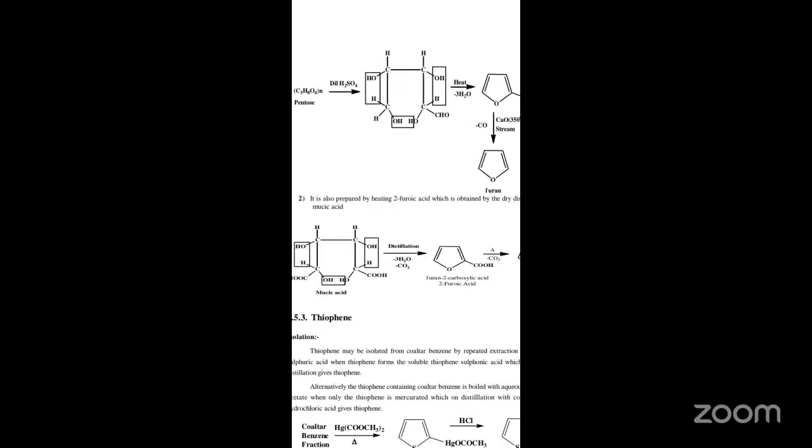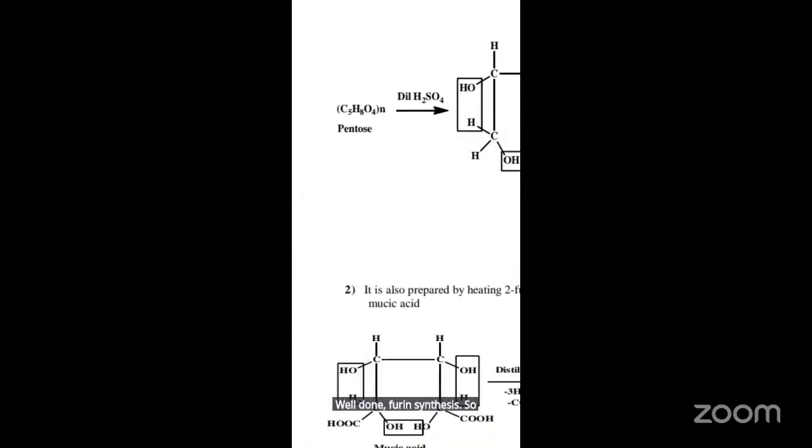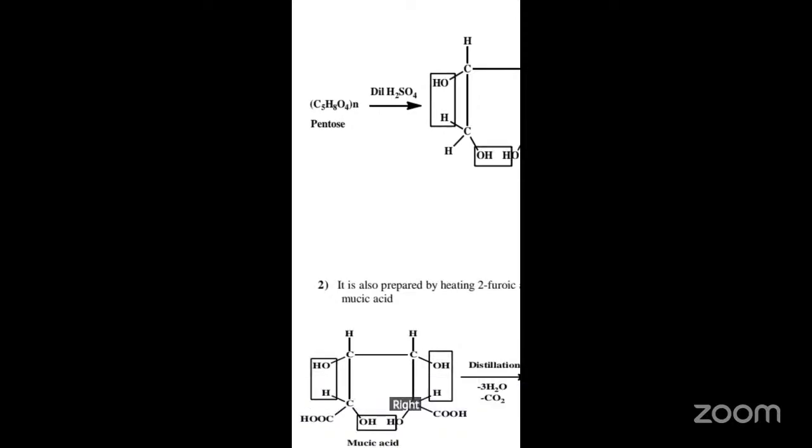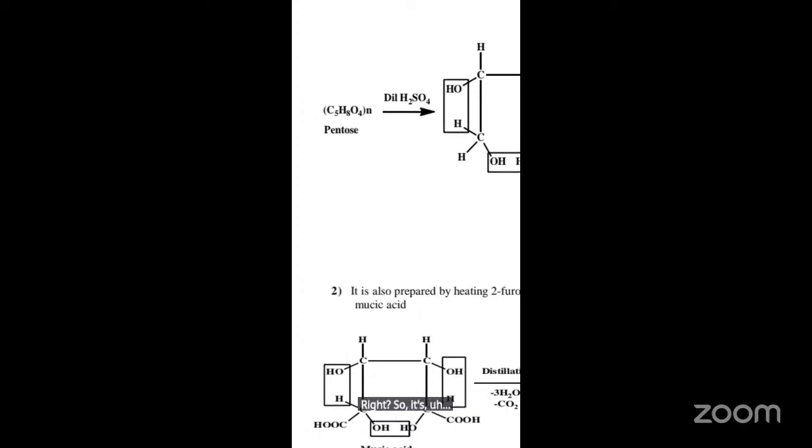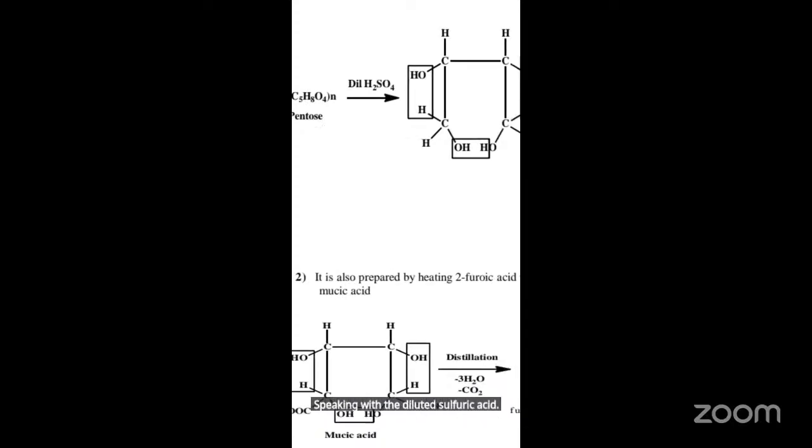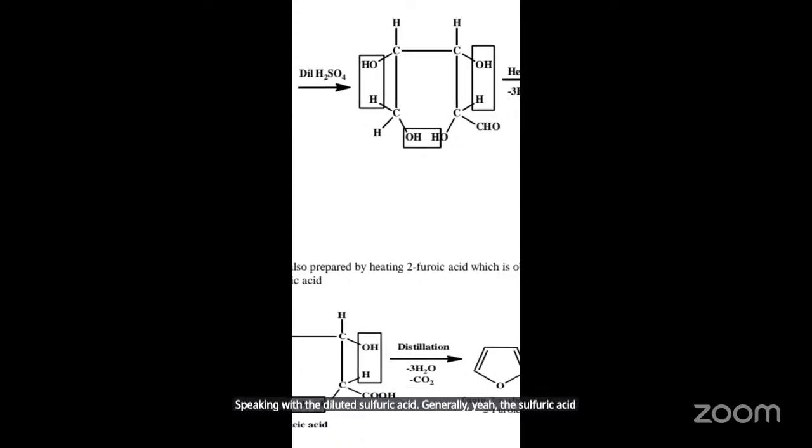Now the furan synthesis. For this furan synthesis, the pentose sugar is taken, right? This pentose sugar is treated with dilute sulfuric acid. Generally the sulfuric acid is a dehydrating agent here.